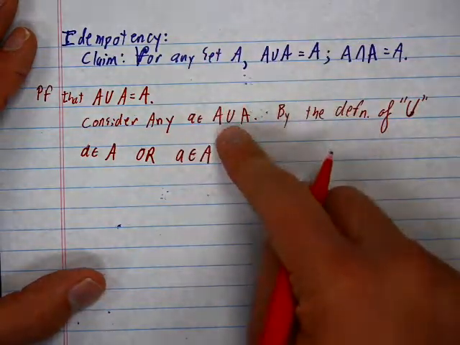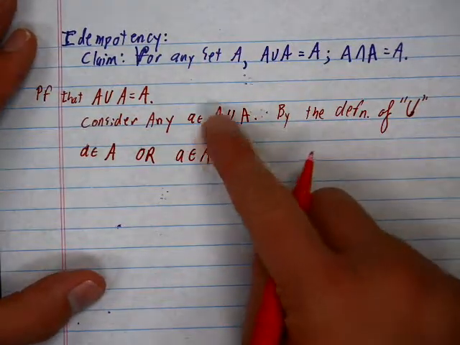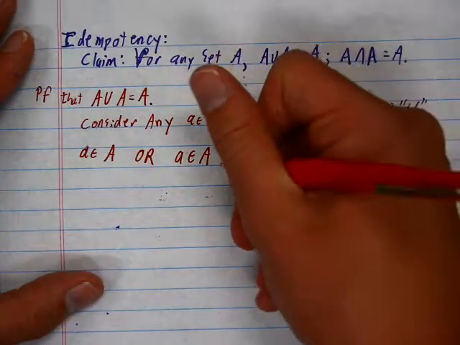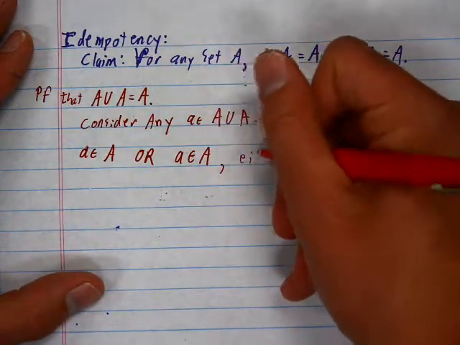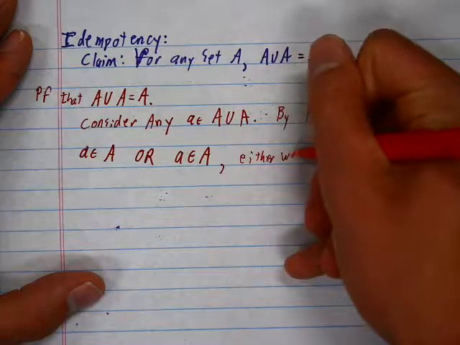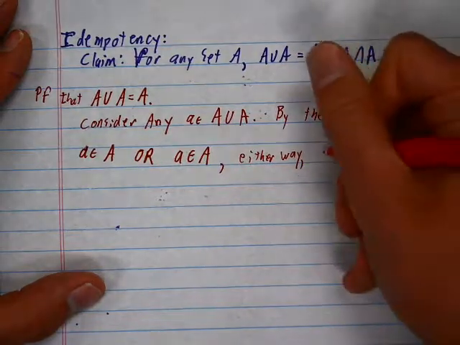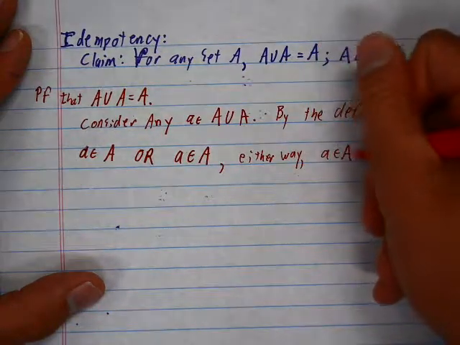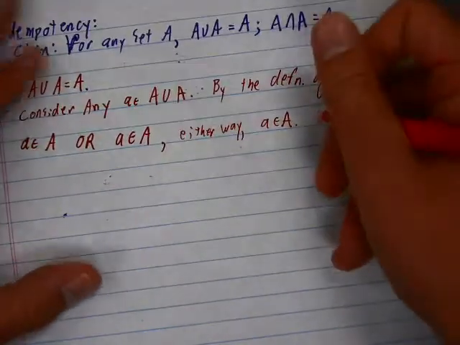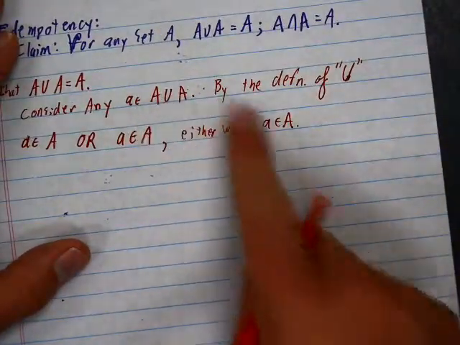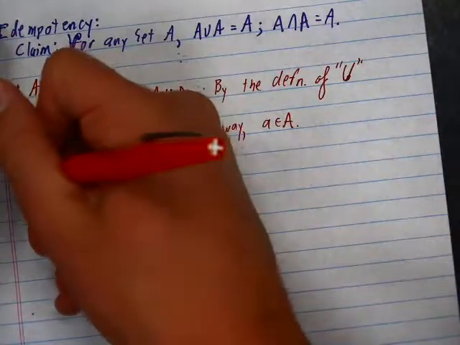If a is in the union of two things, that means it has to be in one of the two things. So either a is in A or a is in A. Either way, a is in A.